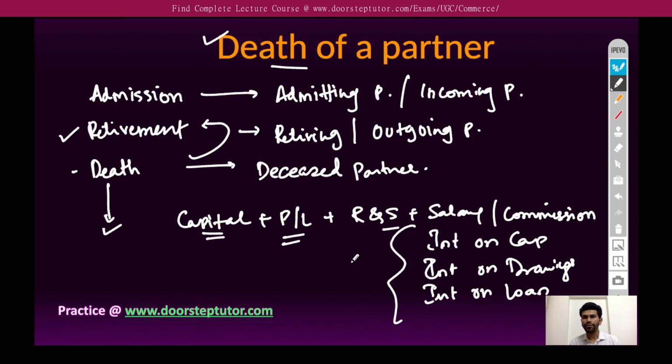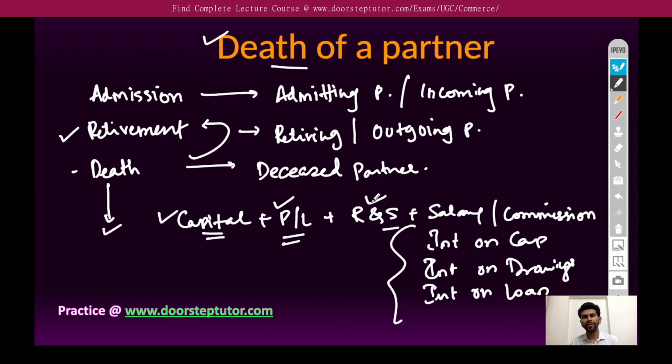So, in case of death of a partner, the legal representative or nominee of the deceased partner will take away the capital of the deceased partner, his share of profit and loss till the date of death, and his share in reserve and surplus.